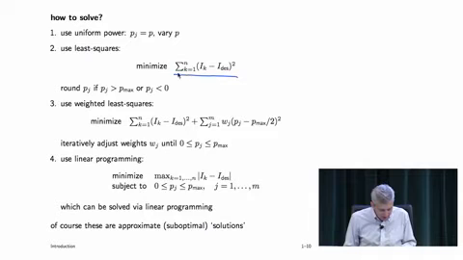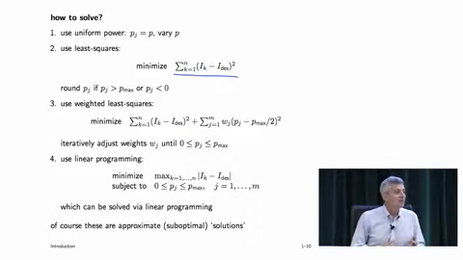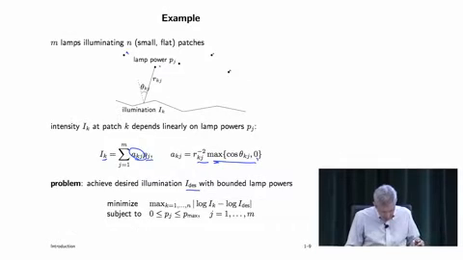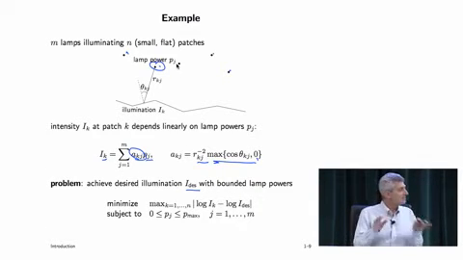Now, the problem with this is if you do this, it's pretty much guaranteed that some of the powers are going to come out negative. And in fact, it's likely you'll do really well. Many of the I_k will be very close to the desired one. And the way you'll do that is something like this. When you go back here, these things will put out some power, and then to adjust it, like this guy in the middle will spray some negative power.